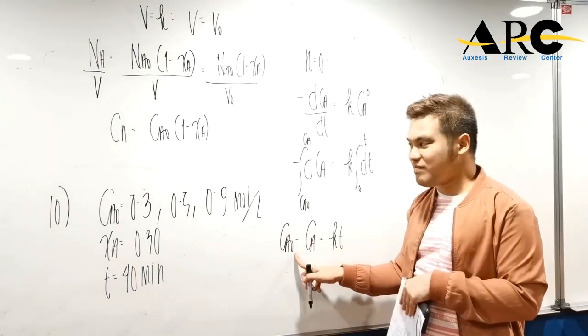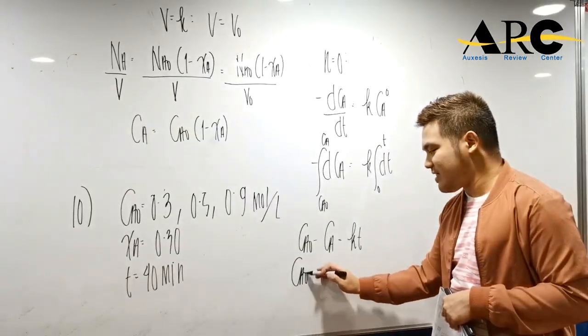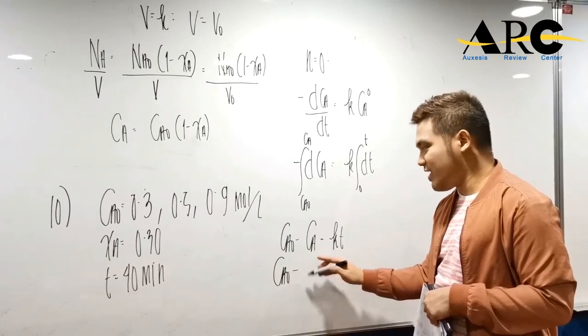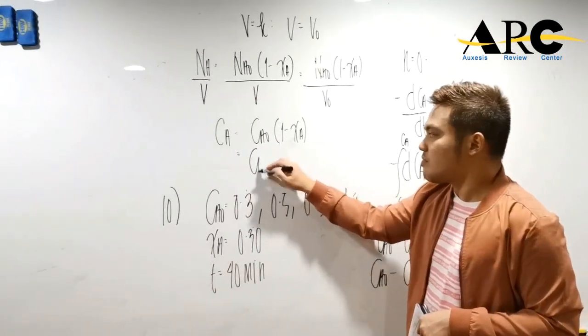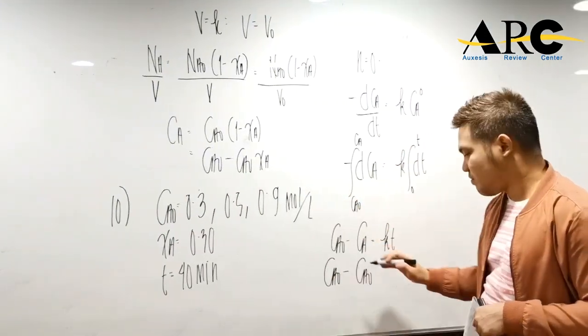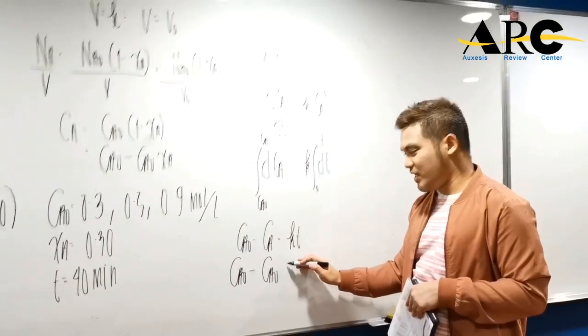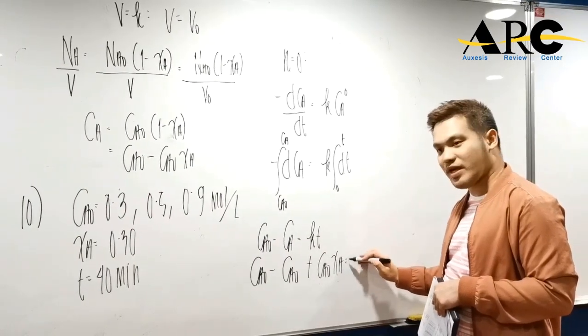Kapag sinubstitute natin yan dito, ang CA natin is CA0 minus CA0 XA. So CA0 minus CA0 plus CA0 XA is equal to kt.